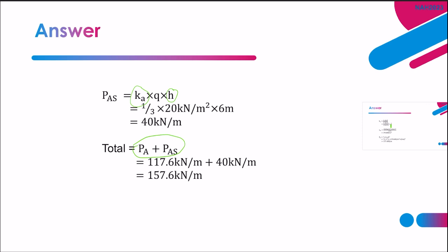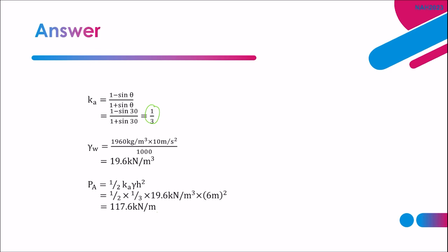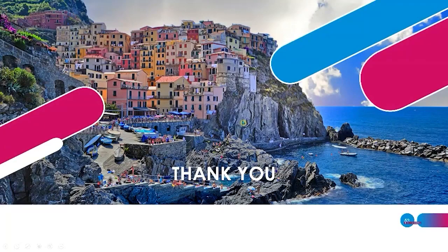Right, so mana you akan dapat PA? So ini dari example number 5 because this question is based on example number 5. This is example number 5. So ini kita dah dapat PA dia 117.6. And plus with the value of PAS. There you go. That is the answer. That's all for now. See you again in the next video.